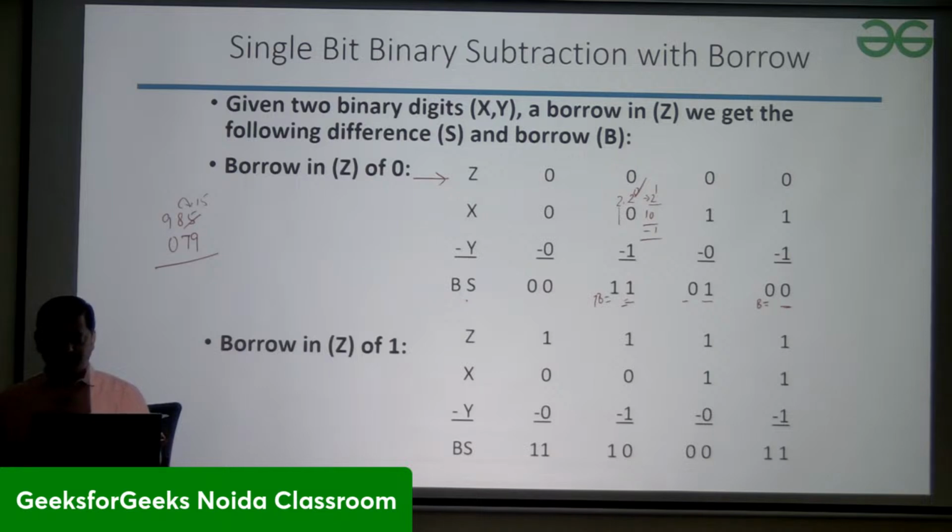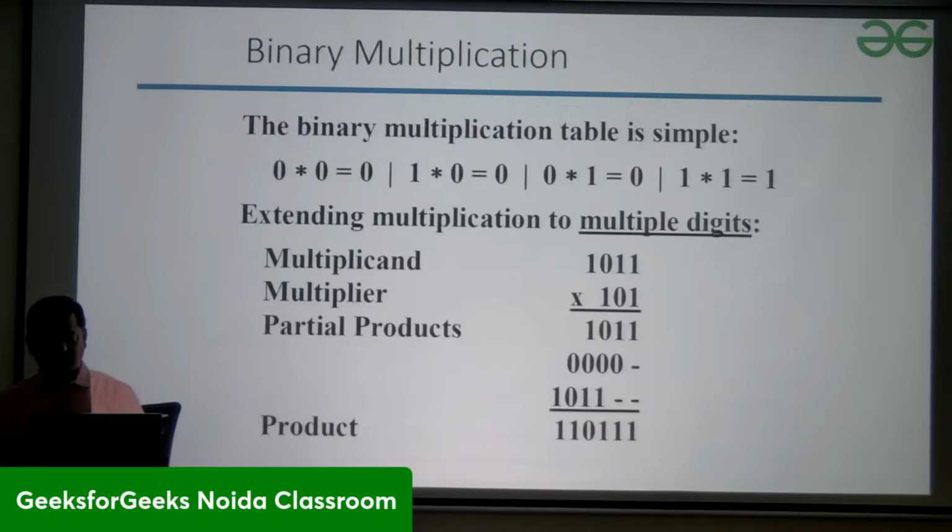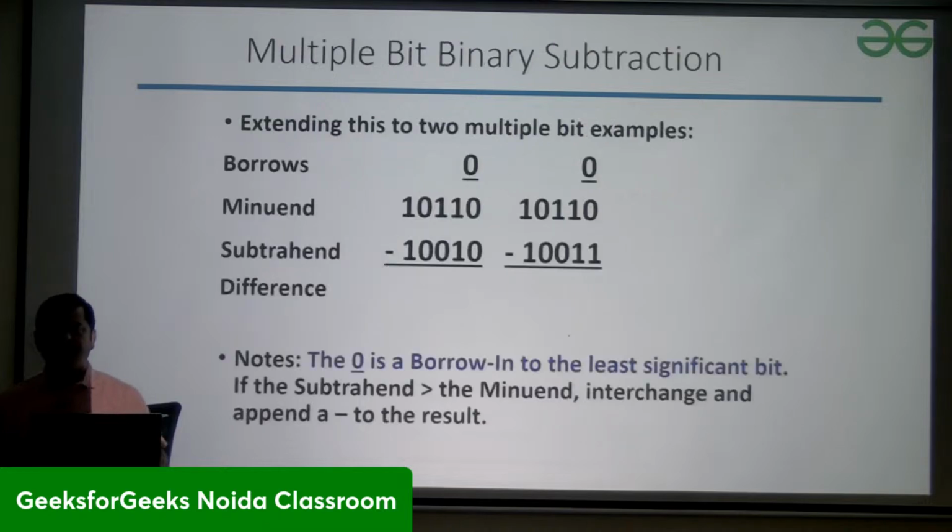So just go for the multi-bit subtraction. I'm extending this to multi-bit subtraction. Initially, again the same concept. LSB will represent the 0 borrow. There is no borrow for LSB initially. Now just want to subtract this. 0 subtracted 0. Result is 0. There is no borrow.